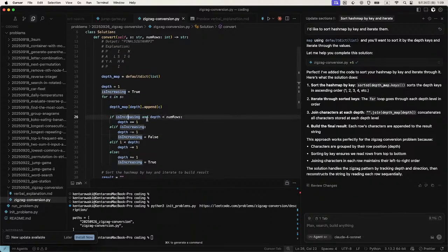If it is increasing and depth is less than number of rows, we can increment the depth, and otherwise it is increasing but the depth might be the same as number of rows.